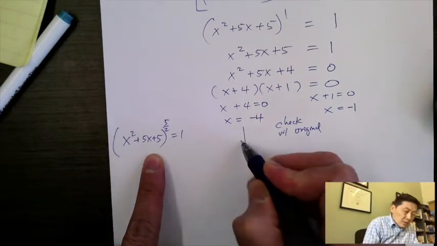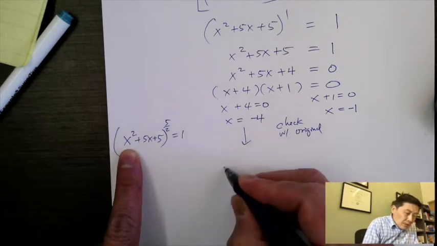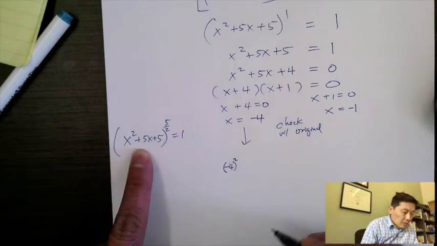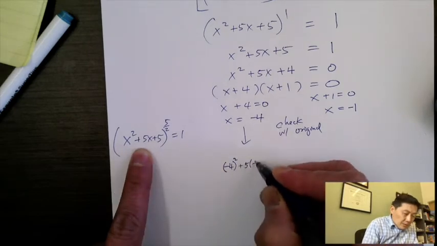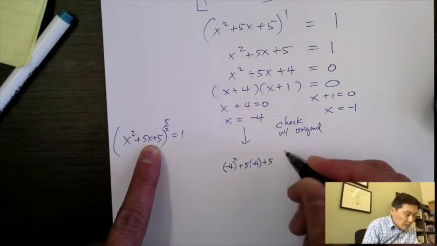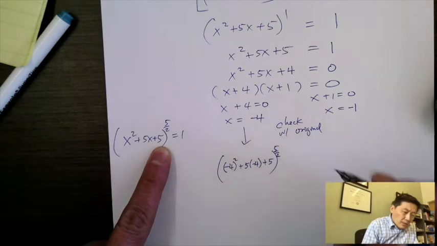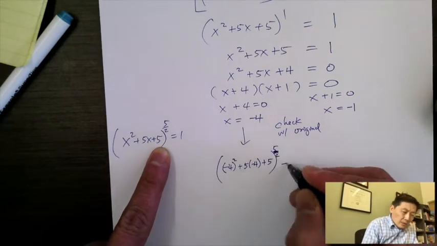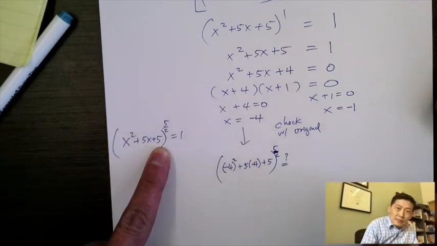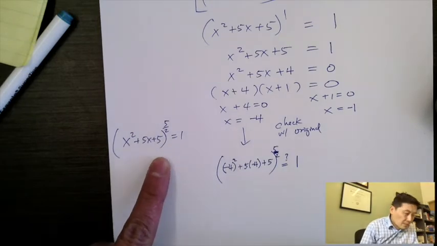So we're gonna take this -4 and I'm going to put it in here, right? So we got -4 squared. Make sure we parentheses the -4 plus 5 times -4 plus 5, and then the whole thing to the five halves power. Now question mark. Does it equal to 1? Well, let's see.